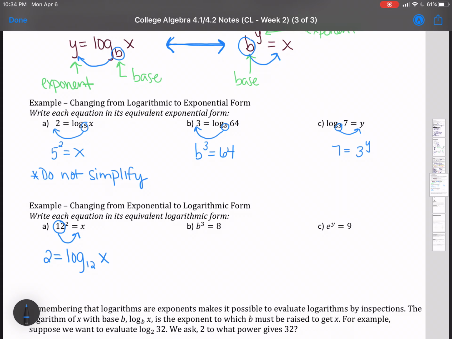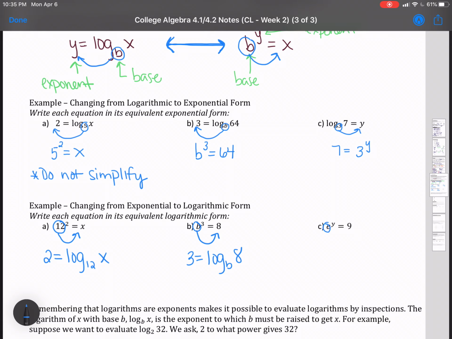Looking at b, we have b cubed equals 8. We take the base, which is our b, and move it to the other side. So 3 equals log base b of 8. And then c, we have e to the y power equals 9.